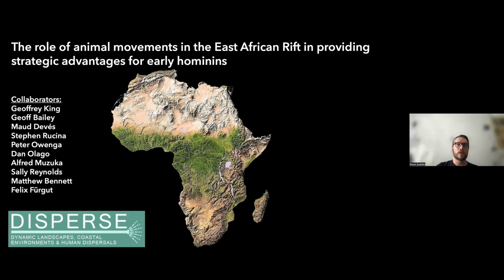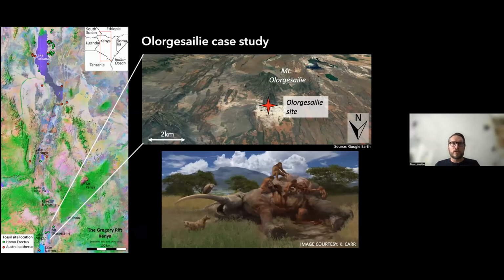And I'm going to show you one example from the Kenya Rift, and I think we've briefly already talked about the Olorgesailie site in the southern Kenya Rift before. It is located in the southern Kenya Rift, and it's a very famous region for its high abundance of stone tools, Acheulean hand axes, and also a great abundance of mammal fossils associated with the site.